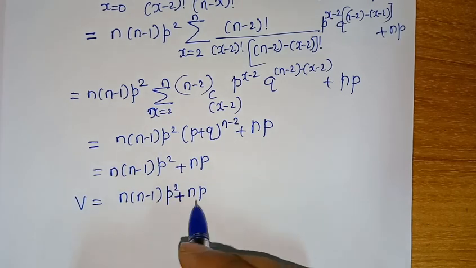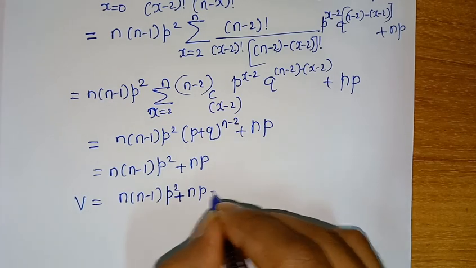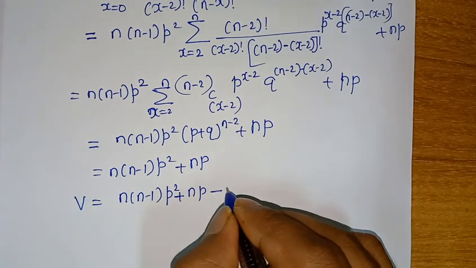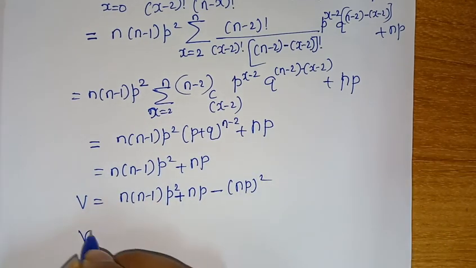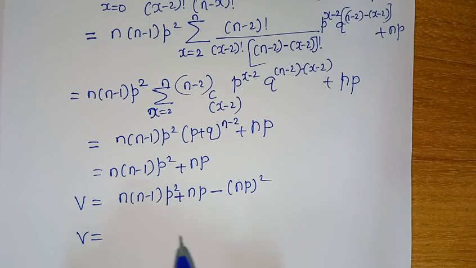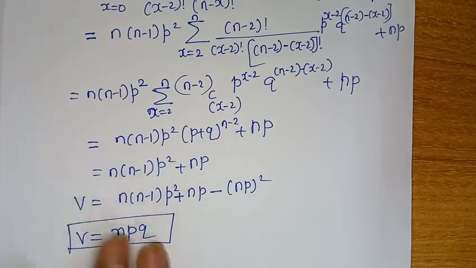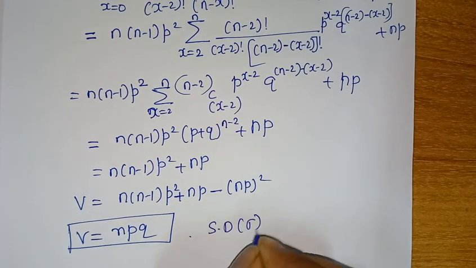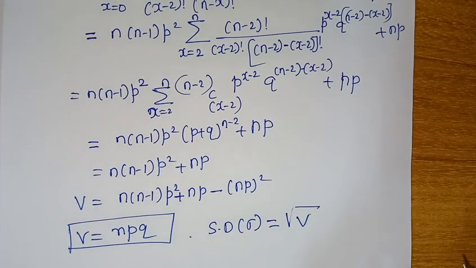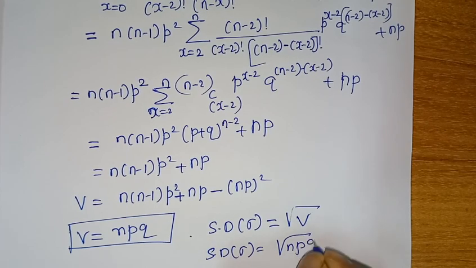This is the summation of x square px, minus mu square is there in equation 1, so that mu square is np whole square. So if we simplify by taking n common, we will have npq. So this is the variance of the binomial distribution, and we know standard deviation sigma is nothing but the square root of variance. Therefore standard deviation sigma equals square root of npq.